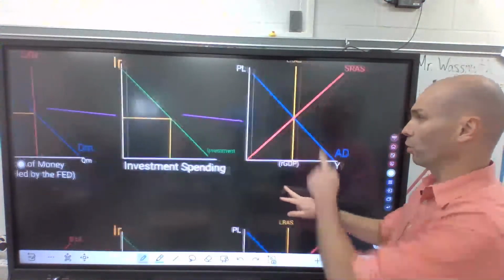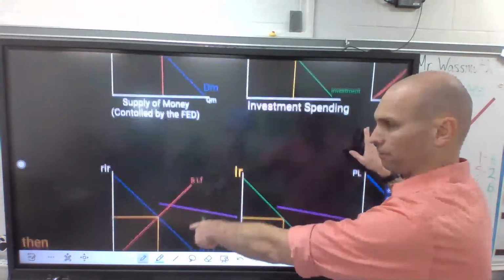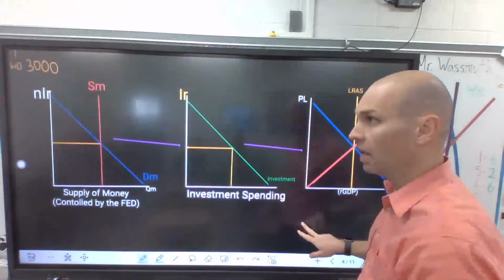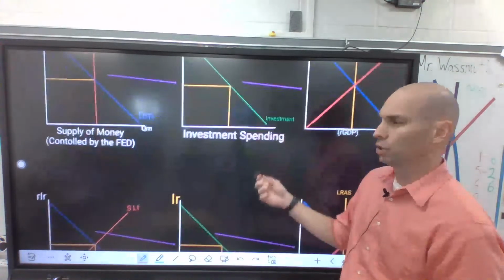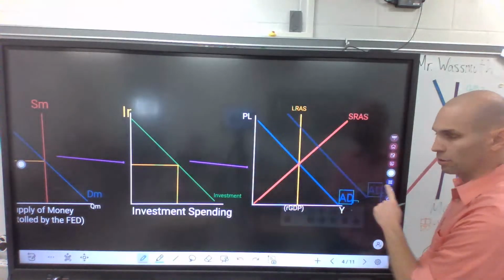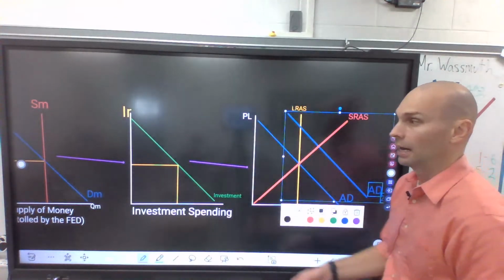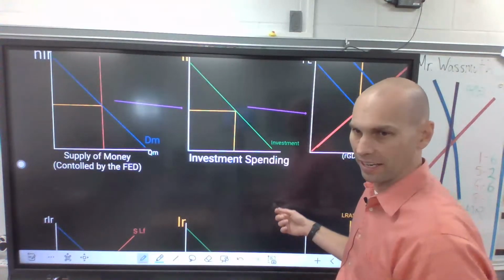Essentially, if we had one AD-AS model and we're doing monetary and fiscal policy at the same time, it depends on what they're saying is happening. So let's say we do some expansionary fiscal policy. That would increase the aggregate demand curve, right? Except I could say something like there's deficit spending now.